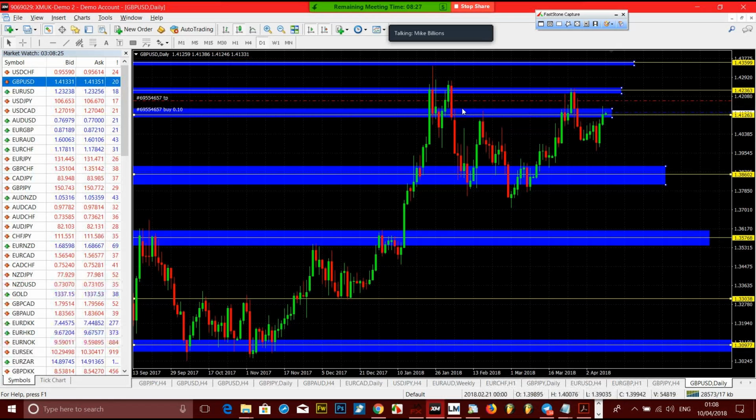So those are the things. If you're looking to sell this long term, what you're really looking for is double tops, and this could be an example of a double top or triple top, if you will. So you might see this come down from somewhere around here, or even this might be making its way down.